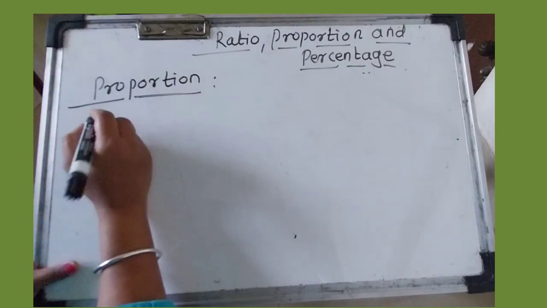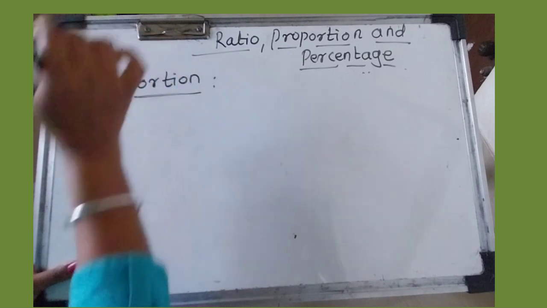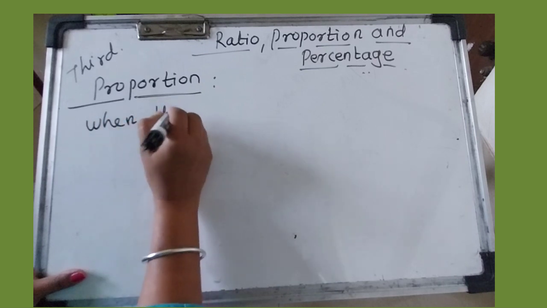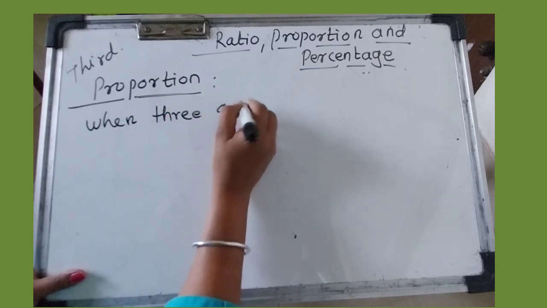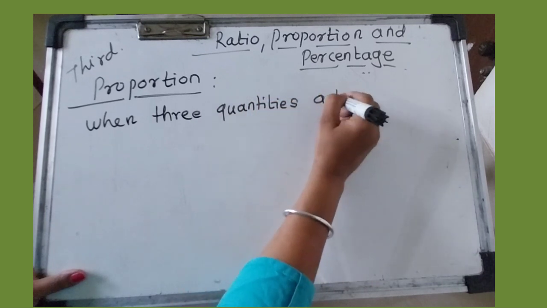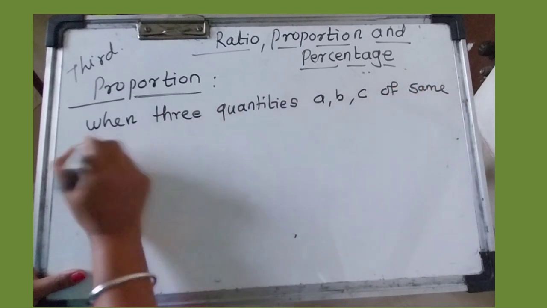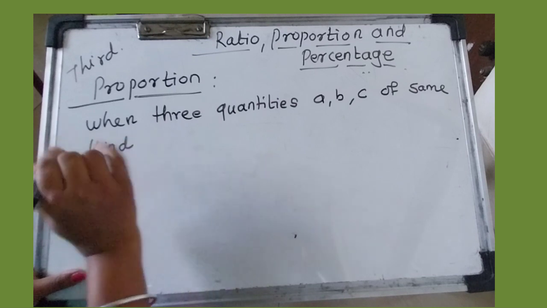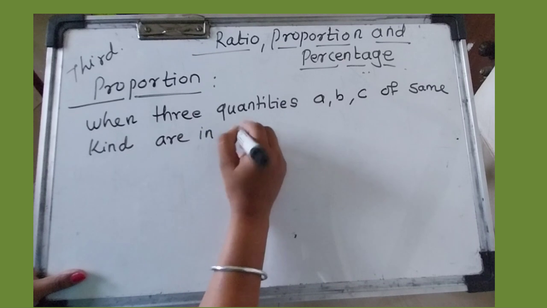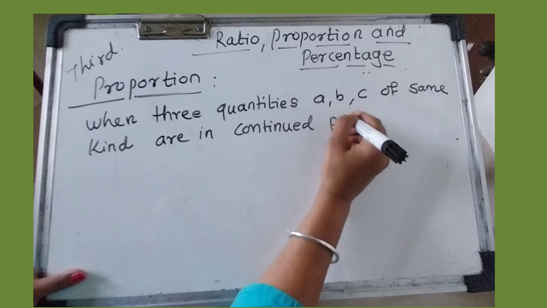Next is the third proportion. What is the third proportion? When three quantities A, B, C of the same kind, meaning the same type, same unit, are in continued proportion.